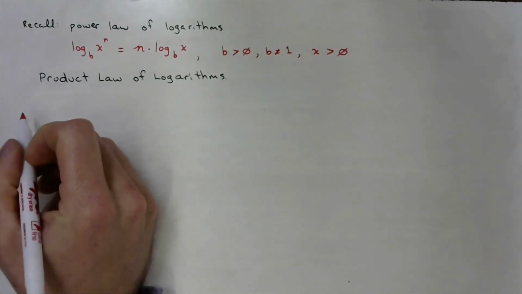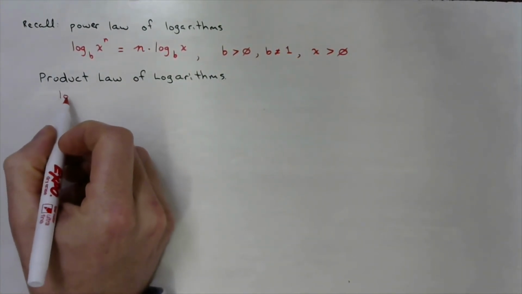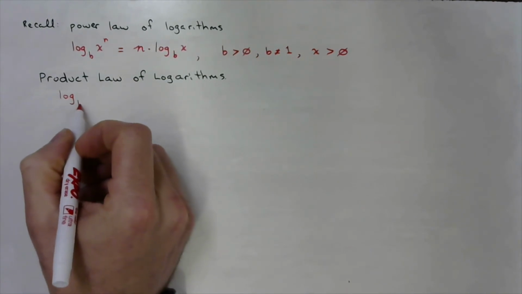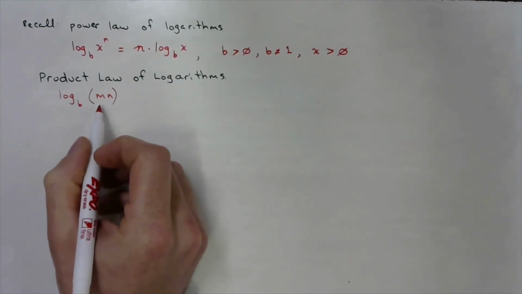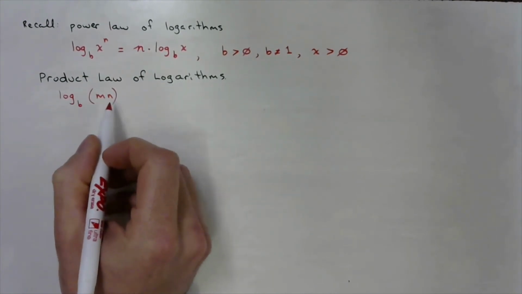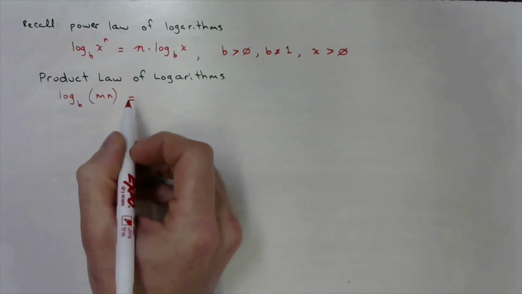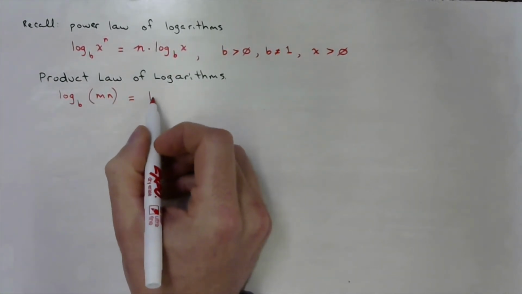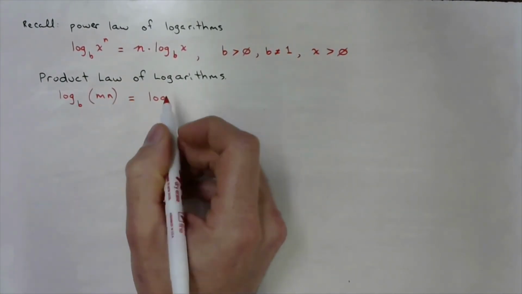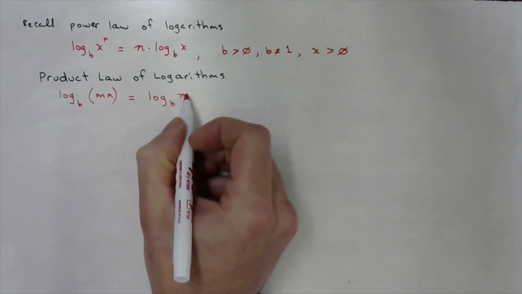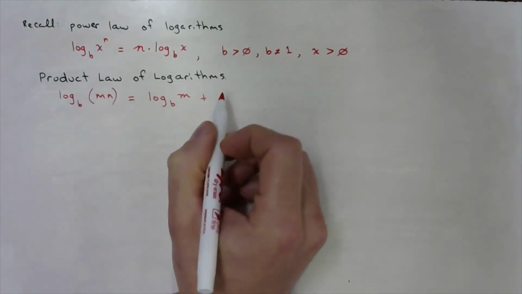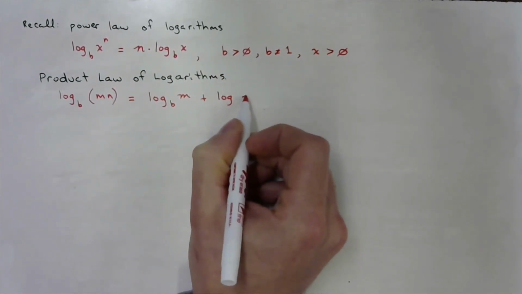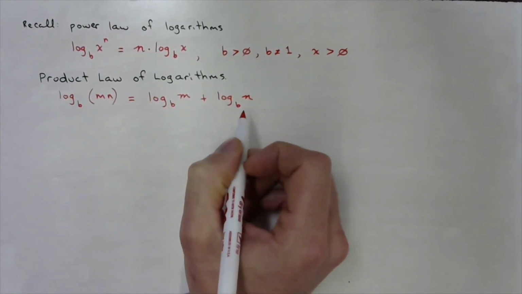Product law of logarithms states that the log of any base b of any number that can be divided into its factors, m times n, I can rewrite this log as the log of m base b plus the log of n base b.